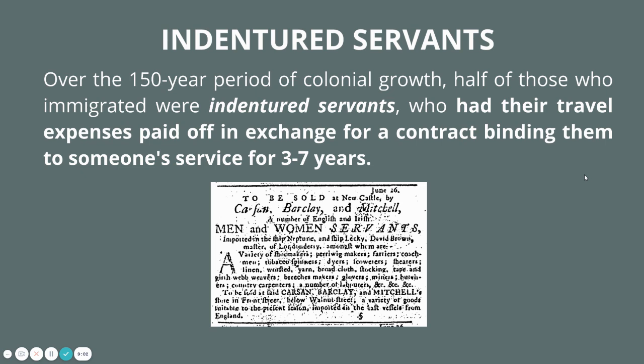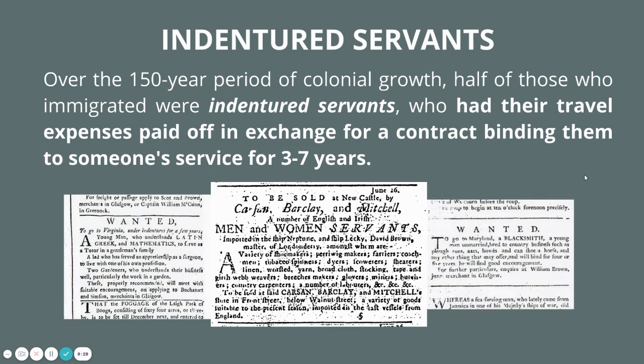These individuals did not have the financial means to make their way over here, and so in turn they exchanged their service for a period of 3 to 7 years, generally ranging, for their passage over to what would be the United States.